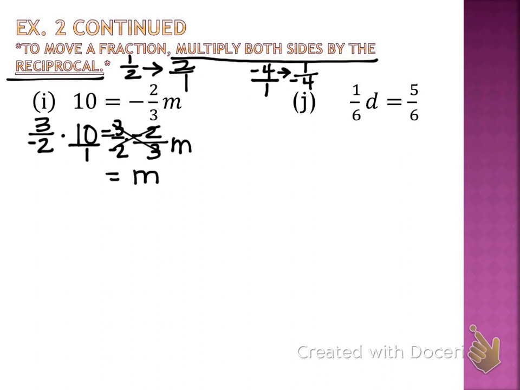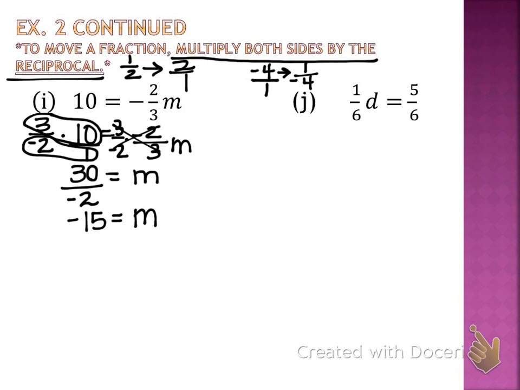All right. Be really careful, Noah, because if I'm multiplying my numerators, I'm getting 3 times 10, which is 30. And if I'm multiplying my denominators, a negative 2 times 1 is negative 2. So what is 30 divided by negative 2? Negative 15. And so m is equal to negative 15.